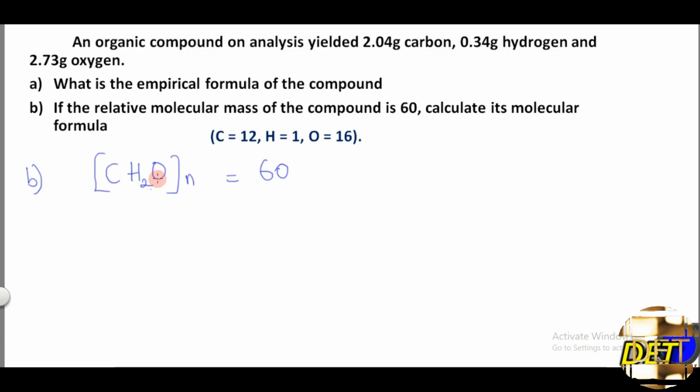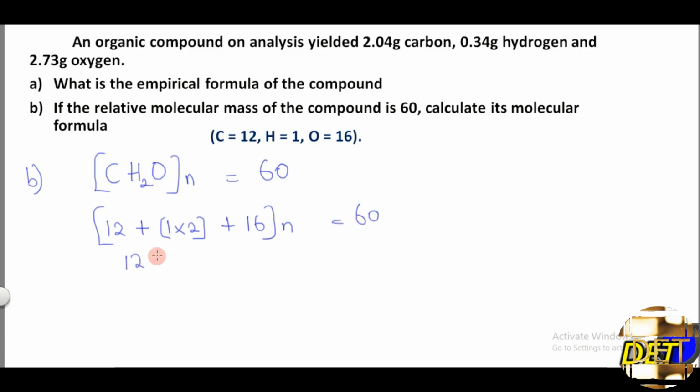Then the next thing is to calculate the relative molecular mass of this compound. The relative atomic mass of carbon is 12, so that will be 12 plus hydrogen, which is 1 times 2, plus oxygen, which is 16, in a bracket, n equal to 60.